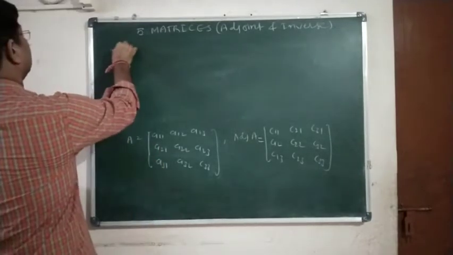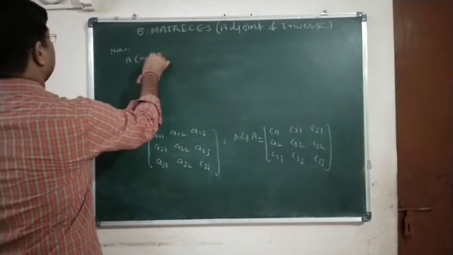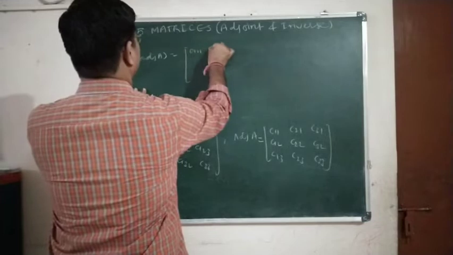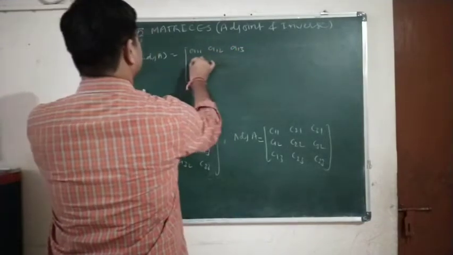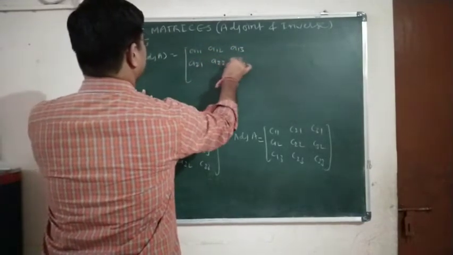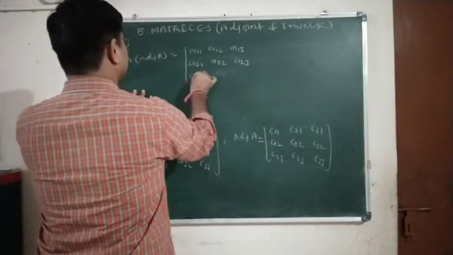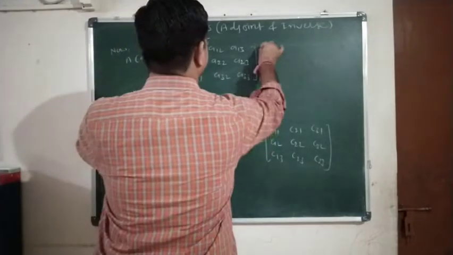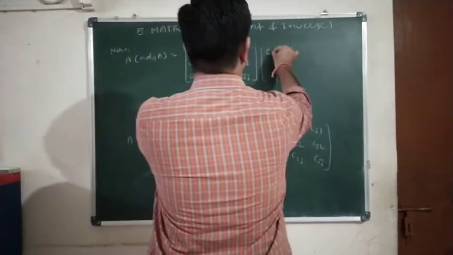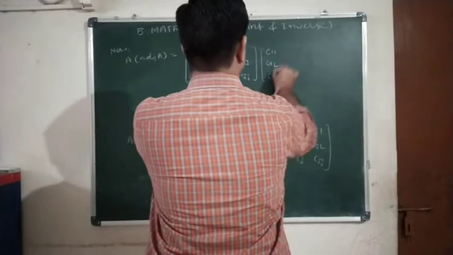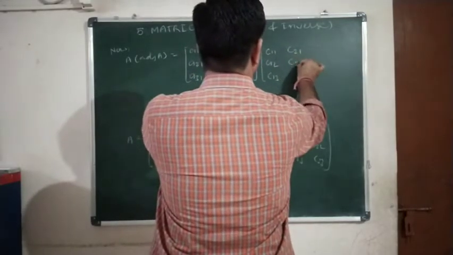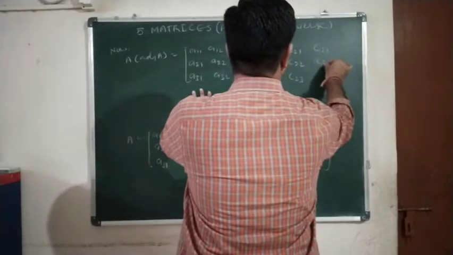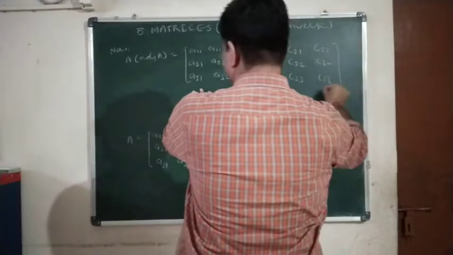Okay, now A into adjoint of A is equal to A11, A12, A13, A21, A22, A23, A31, A32, A33 into C11, C12, C13, C21, C22, C23, C31, C32, C33.